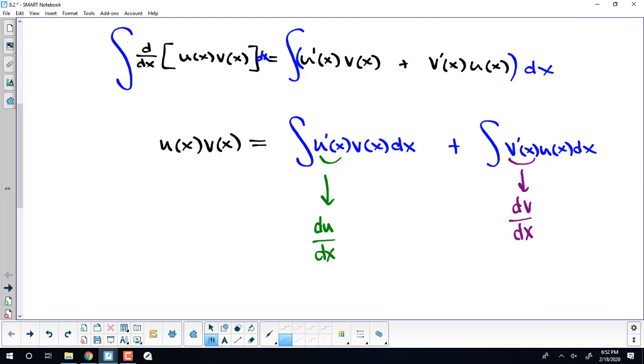So if we look at those two that way, then these differentials go away, right? This dx divides with this dx, and this dx divides by that dx. Does everybody see that? We should just write it out maybe?